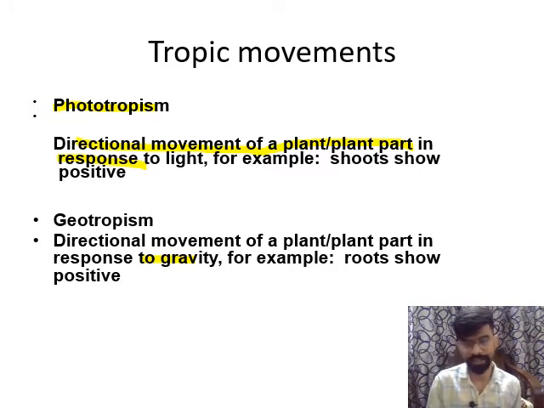Geo means gravity. If a plant part, such as the root, moves towards gravity, it is known as positive geotropism. Or if it moves away from gravity, then the movement is known as negative geotropism.